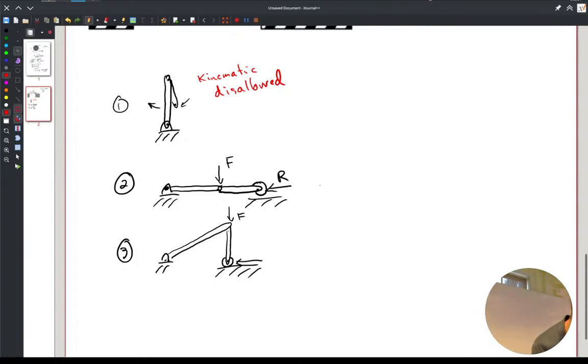The next step would be something like this, that R is now pulling on it like that.